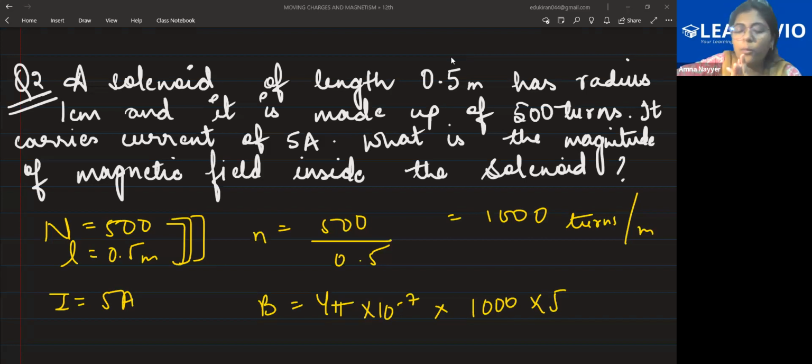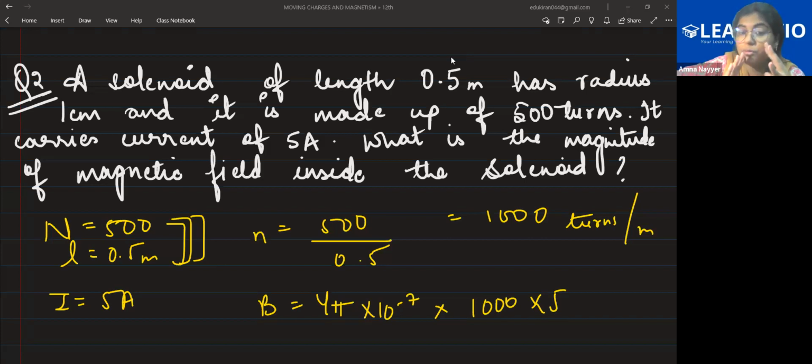Then we had seen the formula B is equal to mu naught nI. n is number of turns per unit length. So you have to be very careful when you are dealing with this n. We had seen two questions on Tuesday, where one question was based upon length and number of turns separately, and the other question just had number of turns per unit length directly.